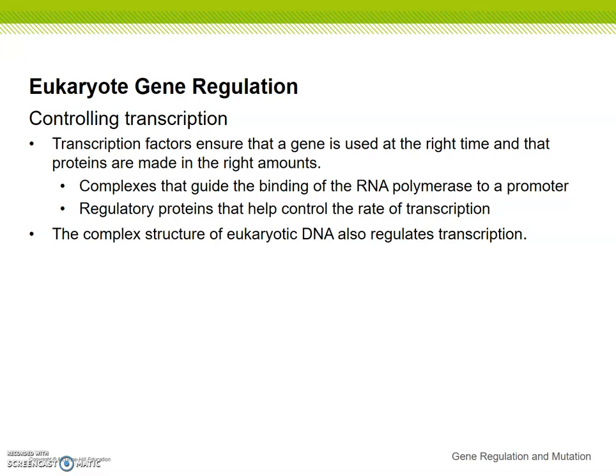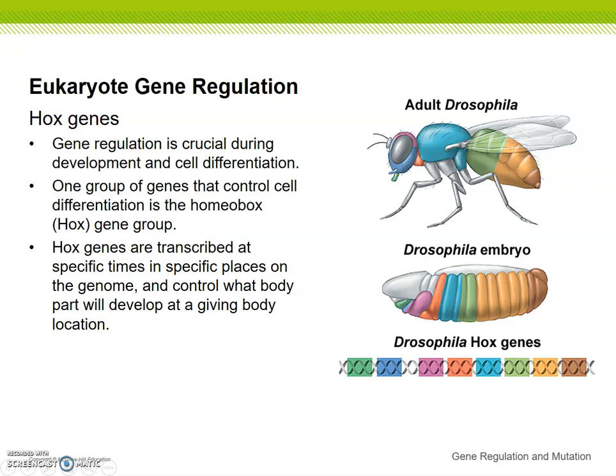When we're talking about eukaryotic genes, it's way different than it is in prokaryotic organisms. So we also have these things that are called Hox genes. Hox genes, they have very specific roles. So gene regulation is crucial during development and cell differentiation.